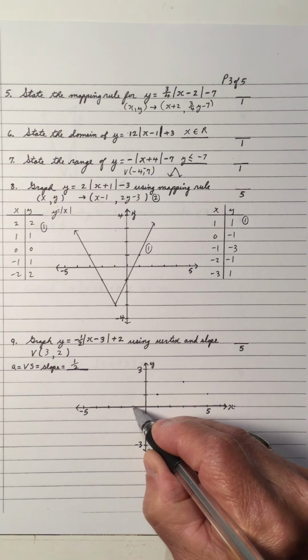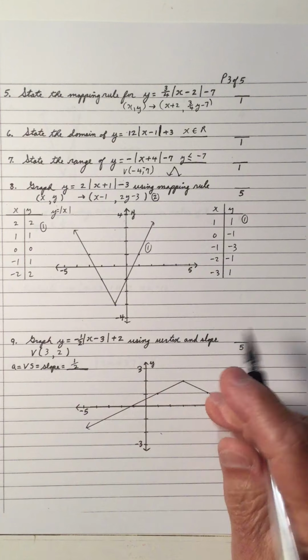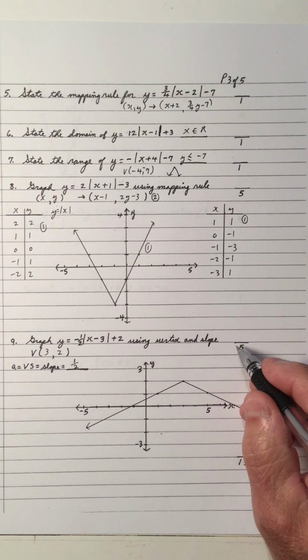There it is. And I didn't extend that over, but I put the dot in the approximate location. There it is. So notice the vertex is 3, 2, and the slope is down 1, right 2, and because it's negative, it's opening downward. So 5 marks.